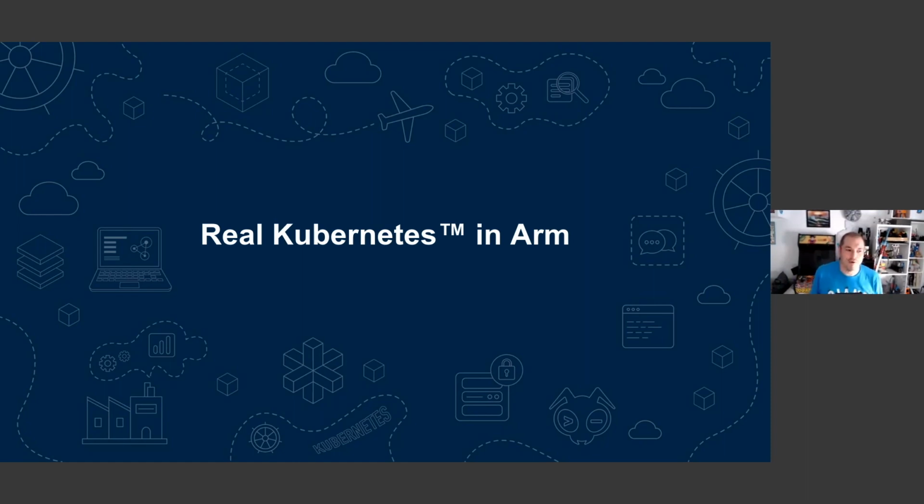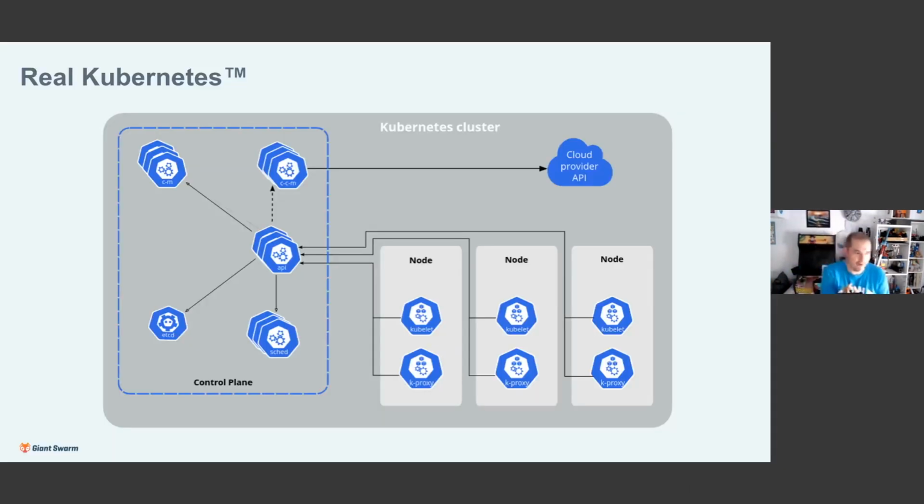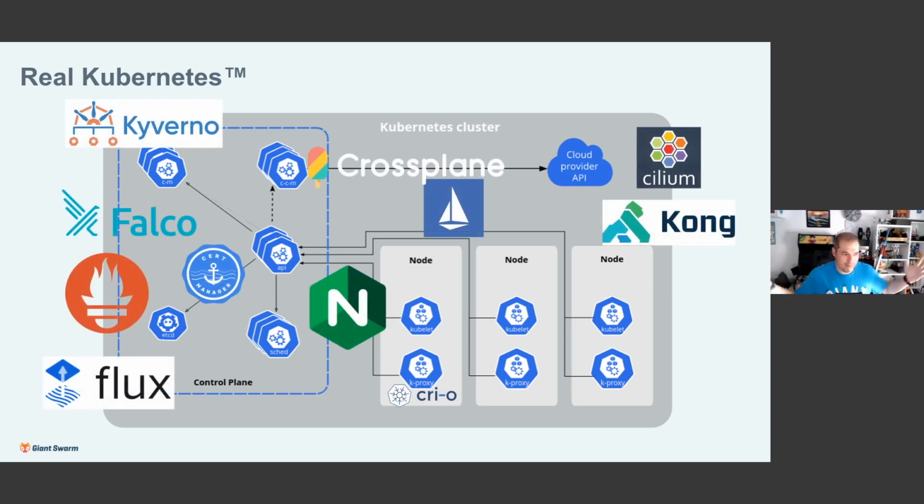So let's see how real Kubernetes looks, at least to me. So I said, this is Kubernetes, control plane, nodes, but only this won't get you anywhere. You need things running on top of it. Once you install this, you need security, you need observability, you need networking, you need a way to deploy things here.